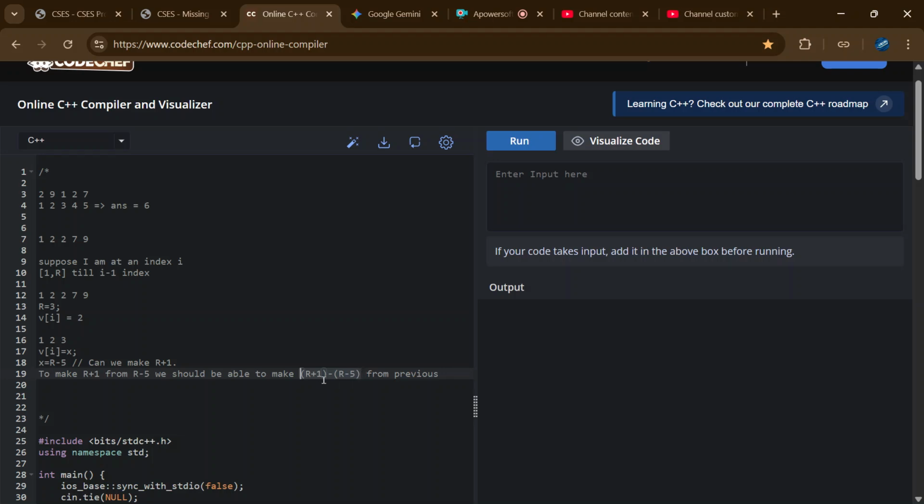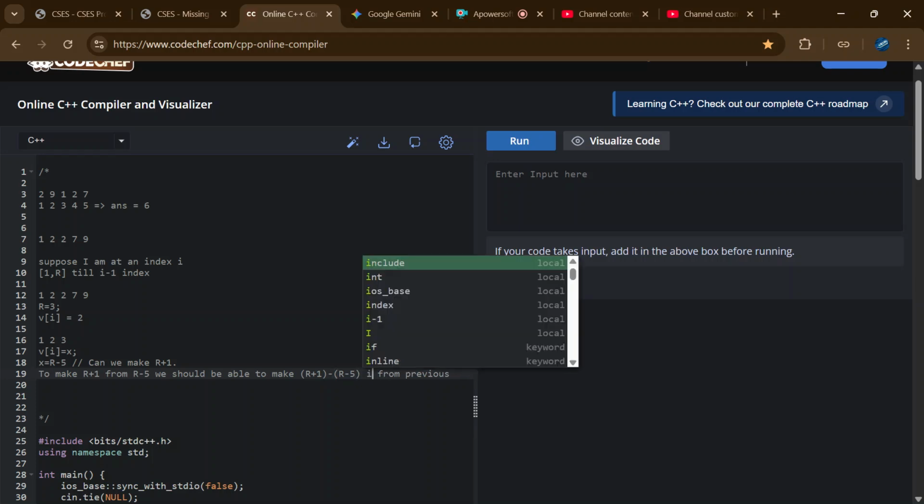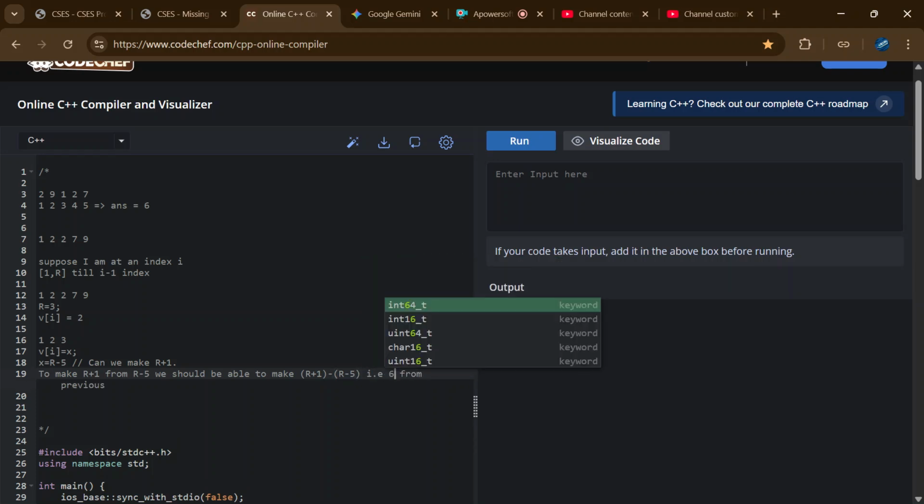What is this? r plus 1 minus r plus 5, so 1 plus 5. It would be 6.